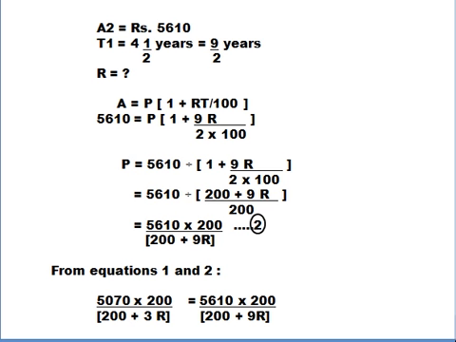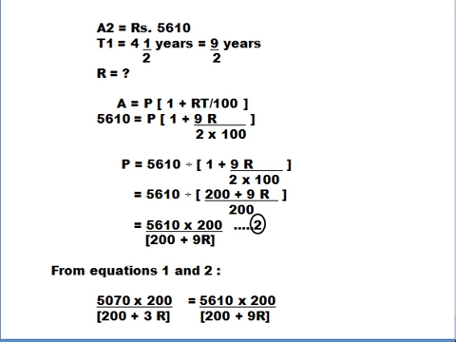Again applying the same formula, A is equal to P within bracket 1 plus RT upon 100. Substituting the values, you are going to get the value of P as 5610 into 200 upon 200 plus 9R. This becomes our equation number 2.